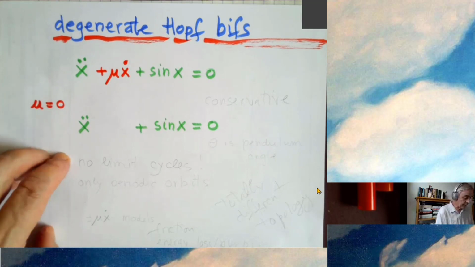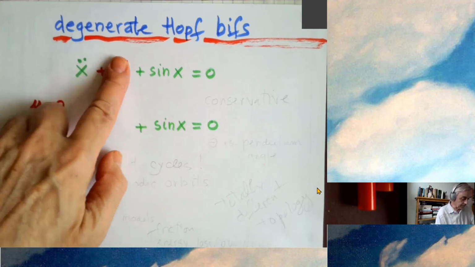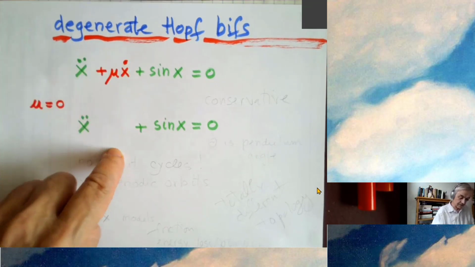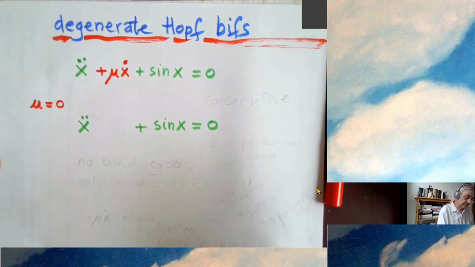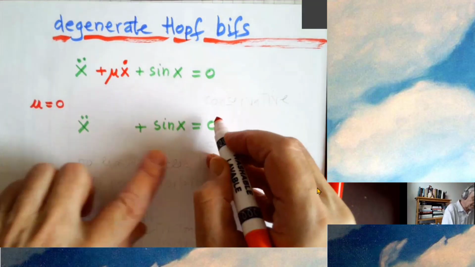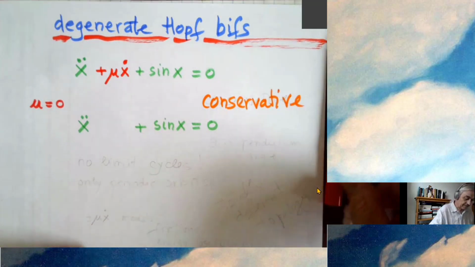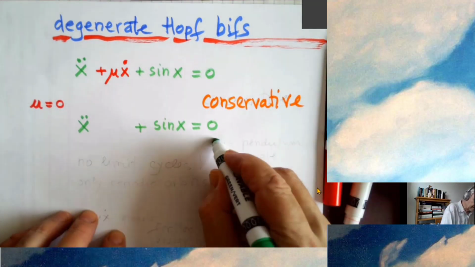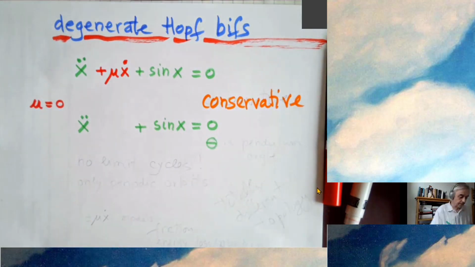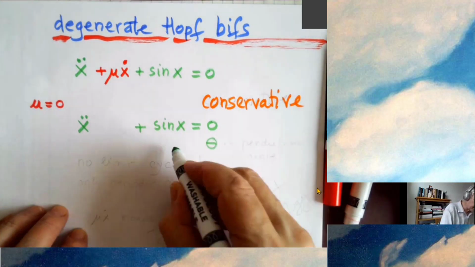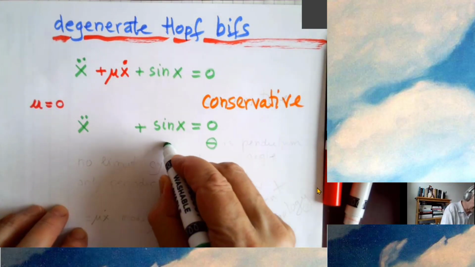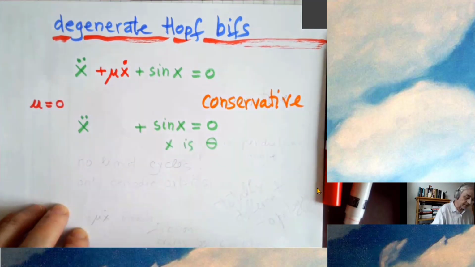Now what happens when mu is 0, this term goes away, and suddenly you get a conservative system, because this is a pendulum, where theta, the angular angle of the velocity, is what's called axis theta.